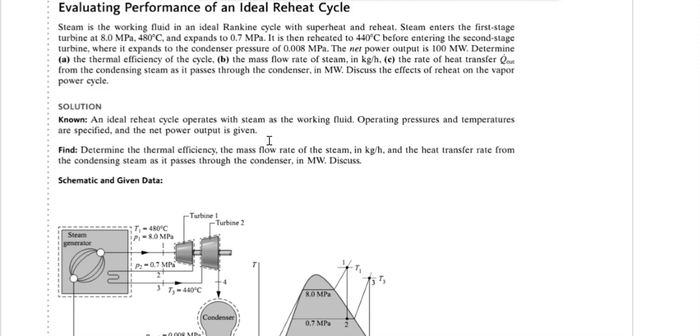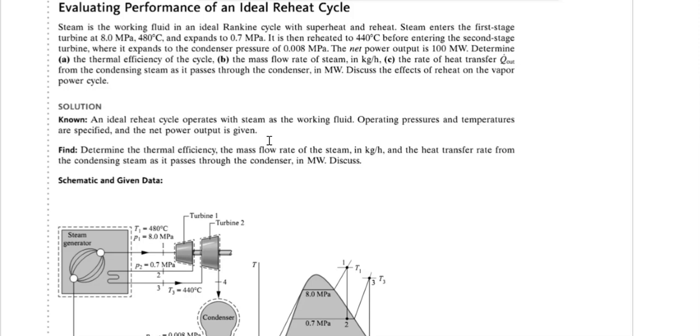The net power output is 100 megawatt. Determine the thermal efficiency, the mass flow rate of the steam in kilogram per hour, and the rate of heat transfer out from the condenser steam as it passes through the condenser in megawatt.